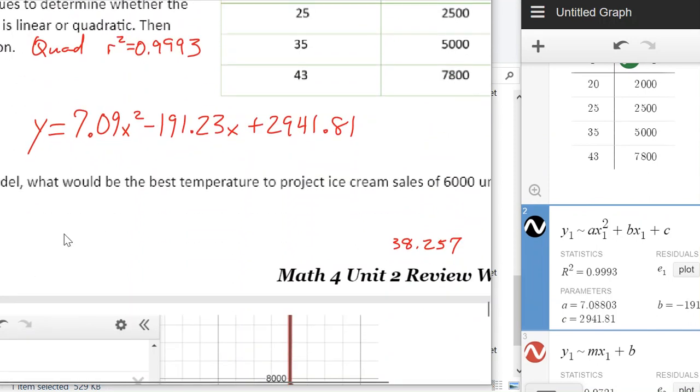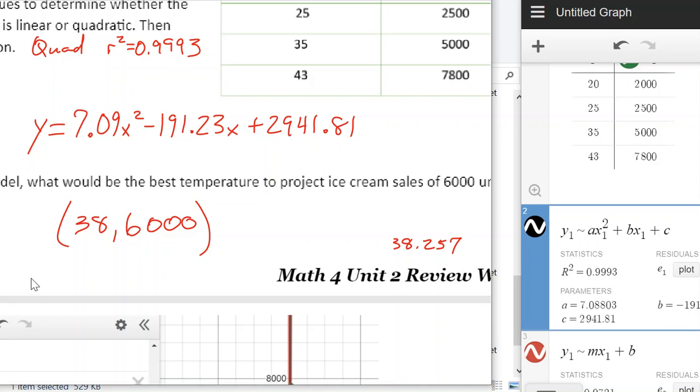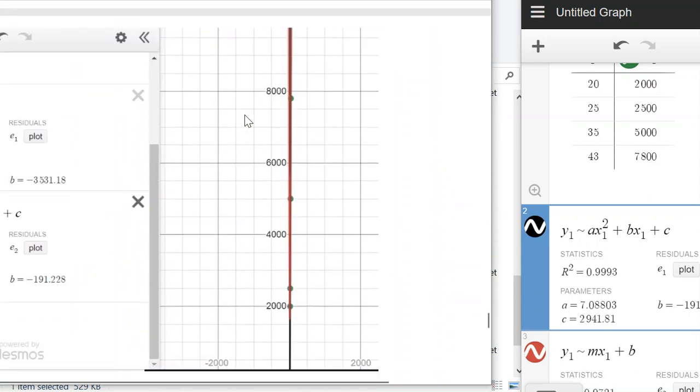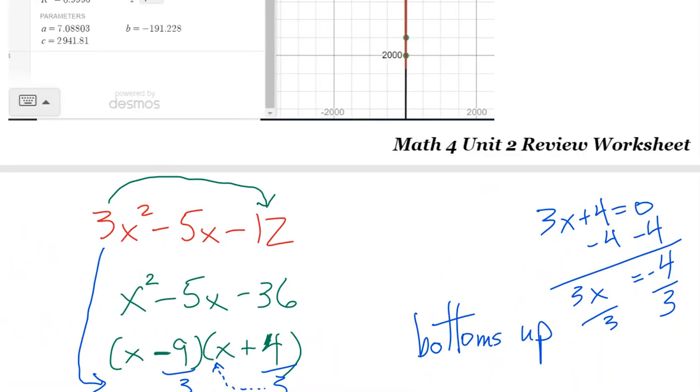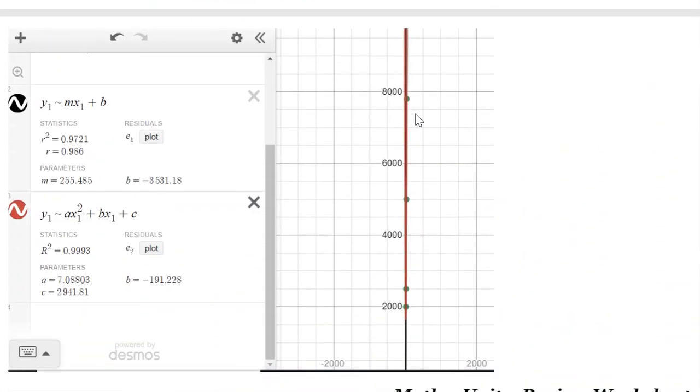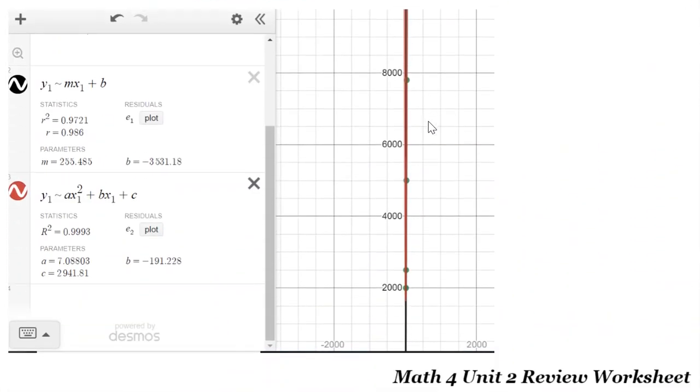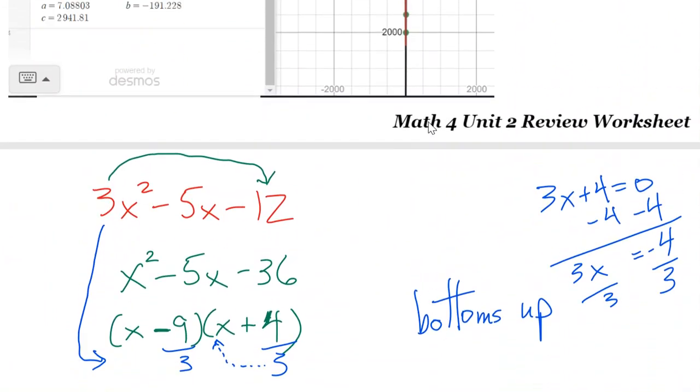So we would probably say something like this: it's about 38 degrees when you're going to sell 6,000 units. And of course, I've got the graph of that. Now let's blow this up. That's what the whole thing looks like. And we are done.